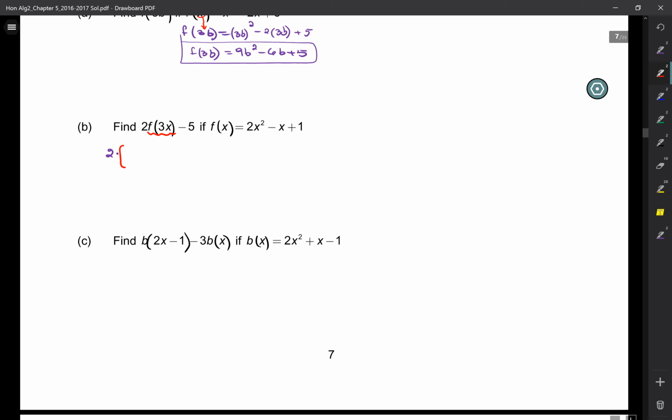We're going to plug 3x in there. So we get 2 times 3x squared minus 3x plus 1, and minus 5. So f of x is 2x squared minus x plus 1, and it's 2 times f of 3x minus 5.